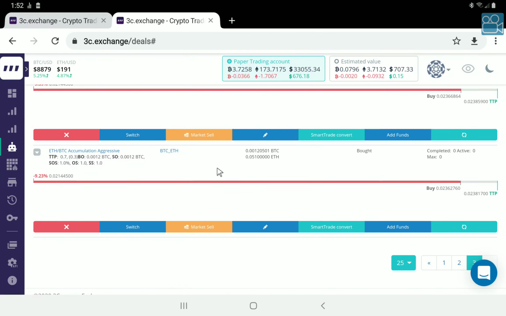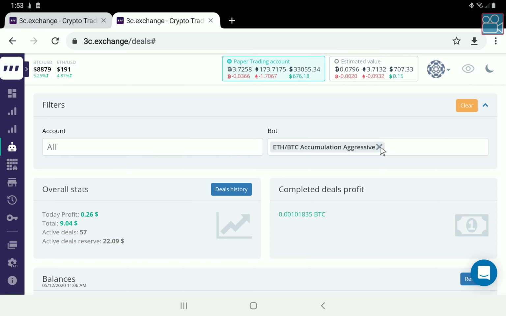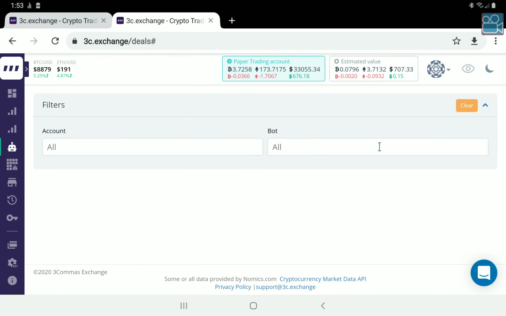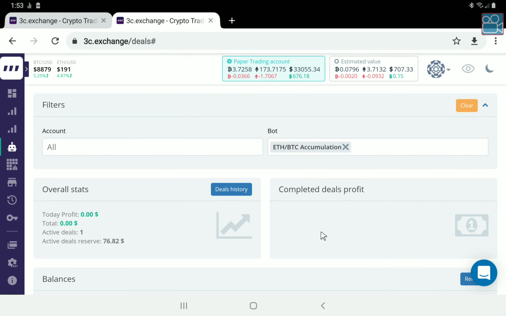Be sure to test these options, because this bot produced profits right away. The accumulation bot still has not produced any profits. It is still sitting there collecting. In fact, let's bring that up and see the one and only order it is sitting on.